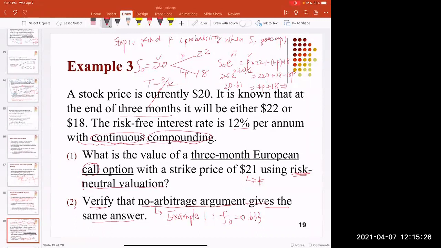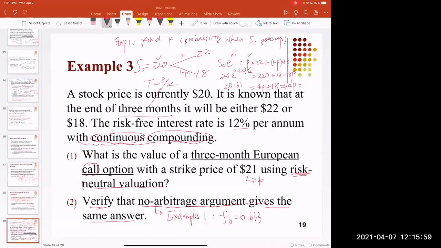So 4P equals... you do the calculation. 20.61 minus 18.